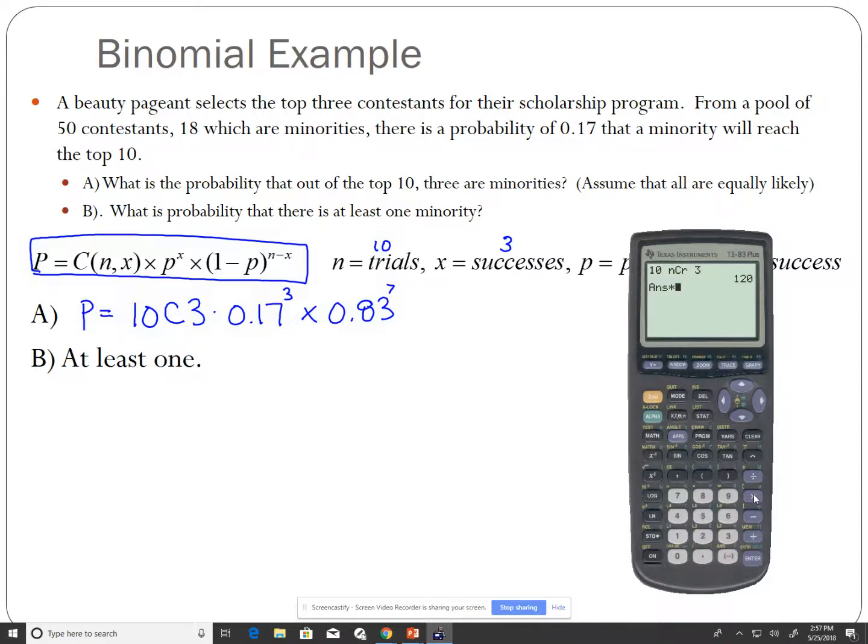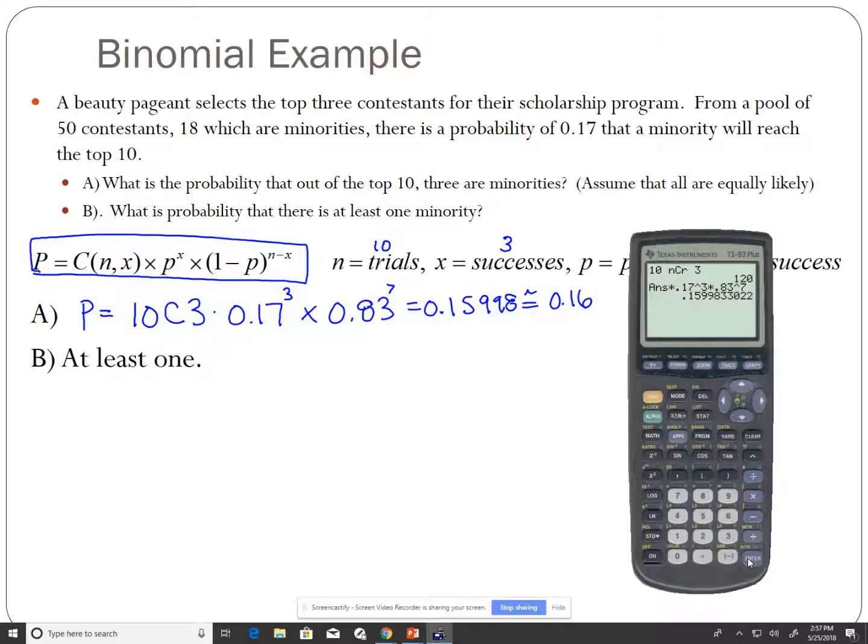I'm going to multiply that by 0.17 raised to the 3rd power times 0.83 raised to the 7th power. And we get a probability of 0.15998, or my assumption would be, if you're rounding, 0.16.